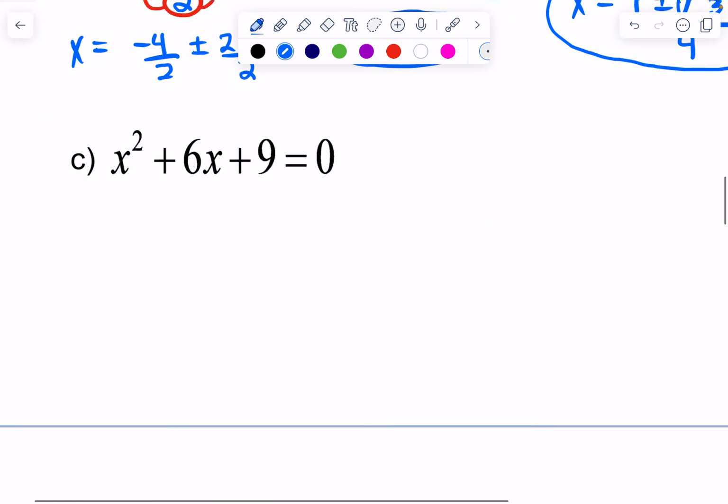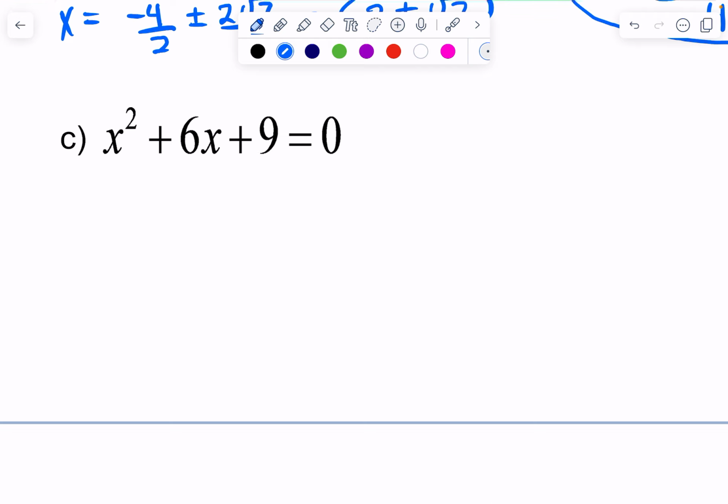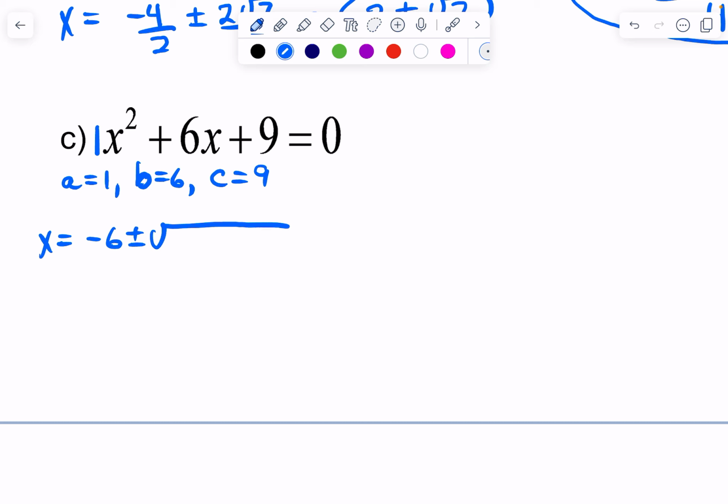Next, for example C, we've got it in standard form. Remember that there's an invisible 1 in front of the x squared. So a is 1, b is 6, and c is 9. So x equals negative b plus or minus the square root of b squared minus 4 times a times c over 2 times a.